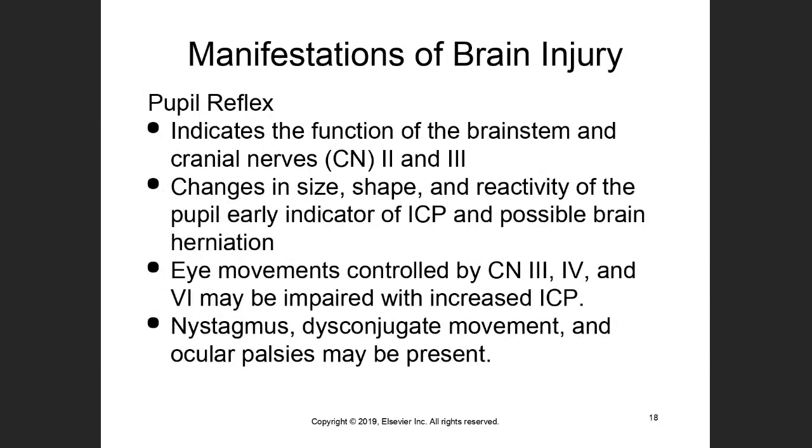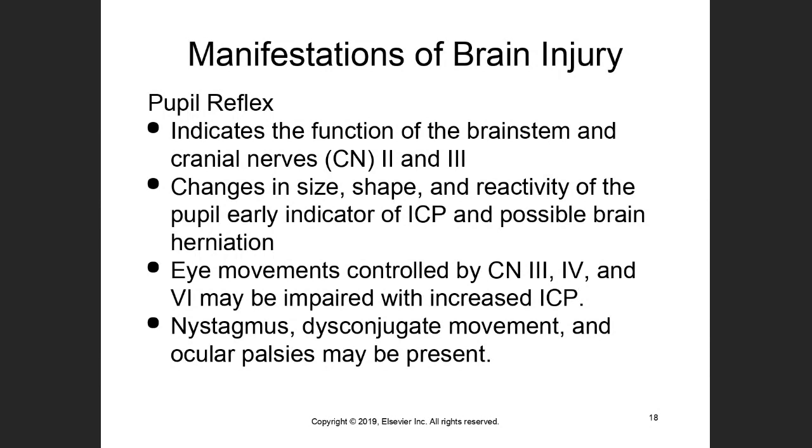Now, manifestations of brain injury. Pupil reflex indicates the function of the brain stem and cranial nerves number 2 and 3. Changes in size, shape, and reactivity of the pupil are early indicators of intracranial pressure and possible brain herniation.